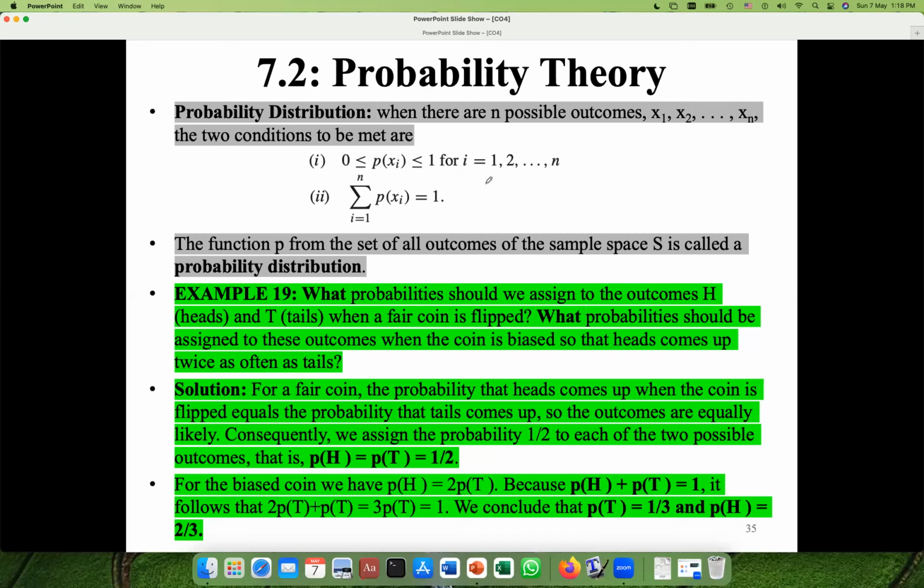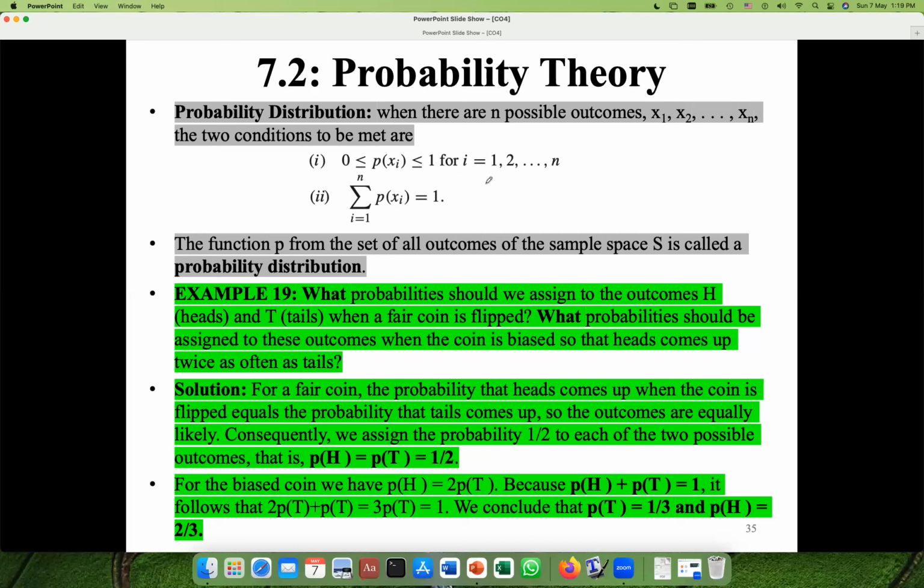Then the maximum probability for this whole space is 1. So from 0 to 1, that probability will be distributed to all these events. If there are n events, then the probability of one event is 1 over n. Generally, it can be different.